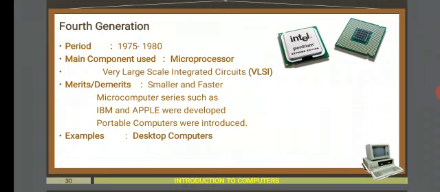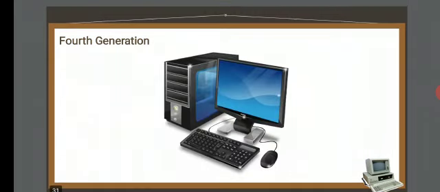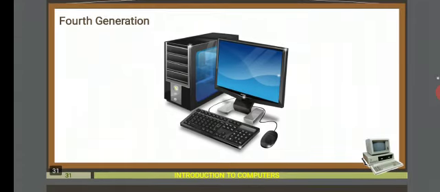The merits were that it was smaller and faster. Microcomputer series such as IBM and Apple were developed in this period, and portable computers were also introduced. For example, desktop computers, that means we are using fourth generation type computers.